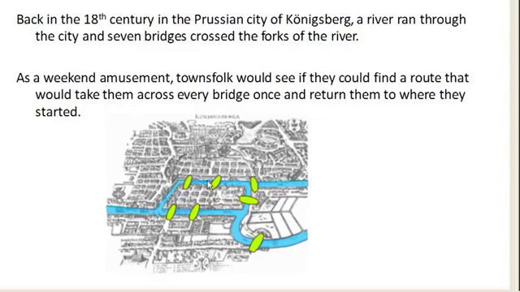If I start here and walk across this bridge, and then walk across this bridge, I don't really care how far I have to walk here. That's not relevant to this question, right? All that matters is that I went from this island to this side, and then maybe walked back across this bridge to the island.